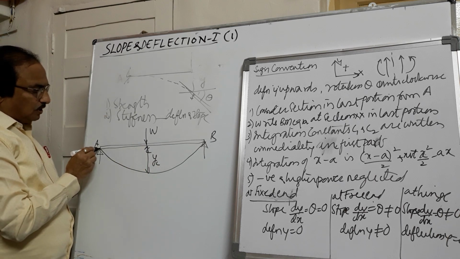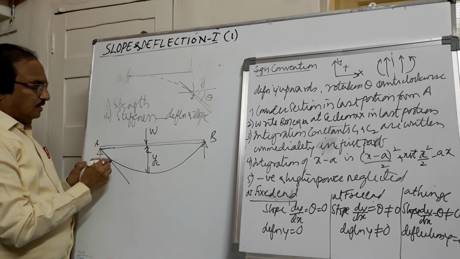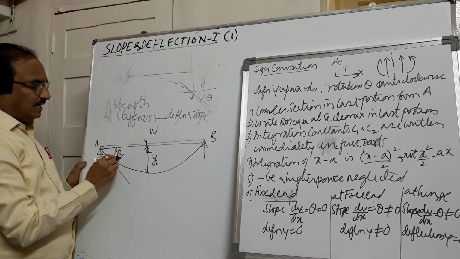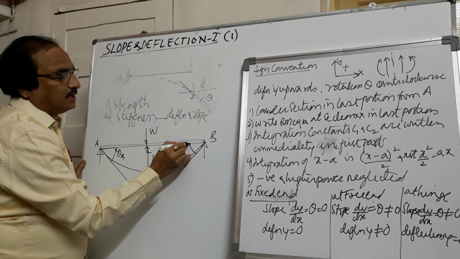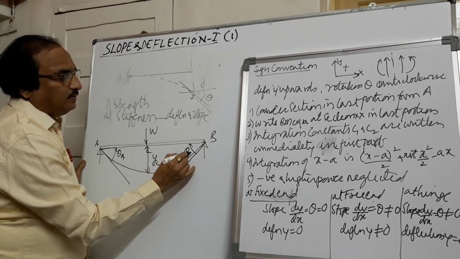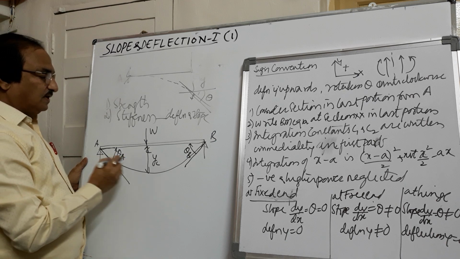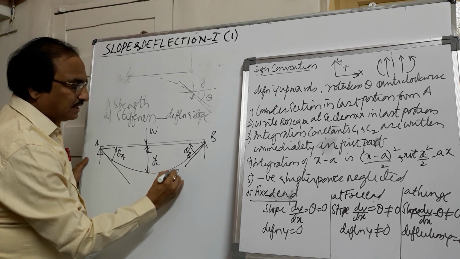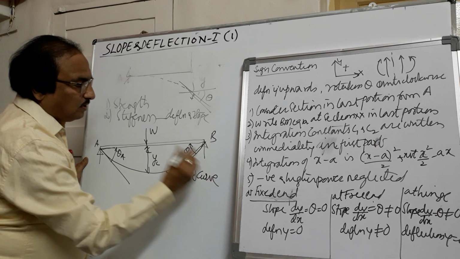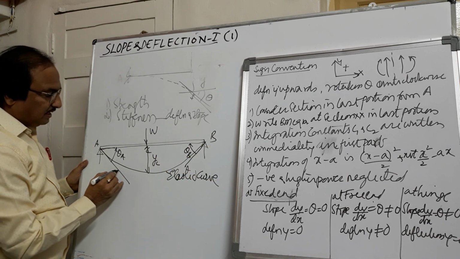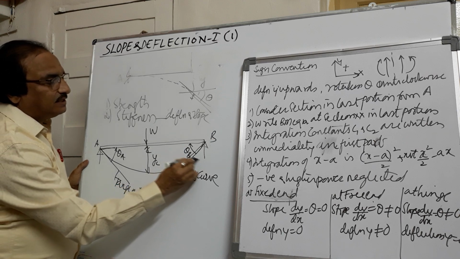Now at the support, this is the original position. If I draw a tangent here, there will be a rotation at A as theta A, and if I take the tangent here, the rotation at B will be theta B. So like this, the beam is subjected to deflection and slope. We call this the elastic curve. This is a tangent at A and this is a tangent at B.